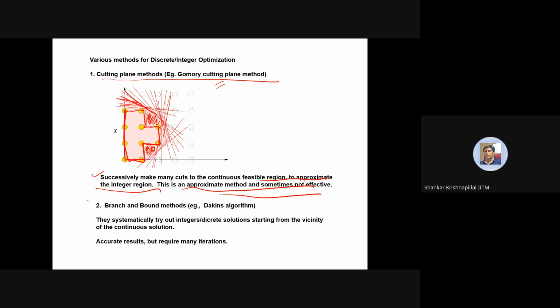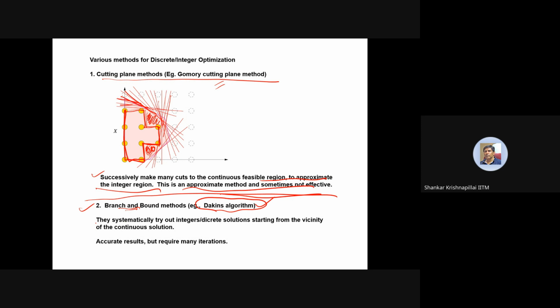So next, we are going to look at branch and bound methods, which are accurate but a little more computationally intensive. So branch and bound methods, many algorithms are there. We look at Dakin's algorithm, which is the simplest one. Okay.